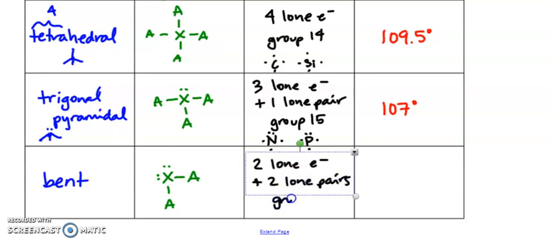So this is going to be group 16. This will be something like oxygen. You see the 2 single ones there, and then the 2 pairs. Or something like sulfur would work the same way. There's 2 pairs, there's 2 single electrons. So another weird one to memorize is 104.5.